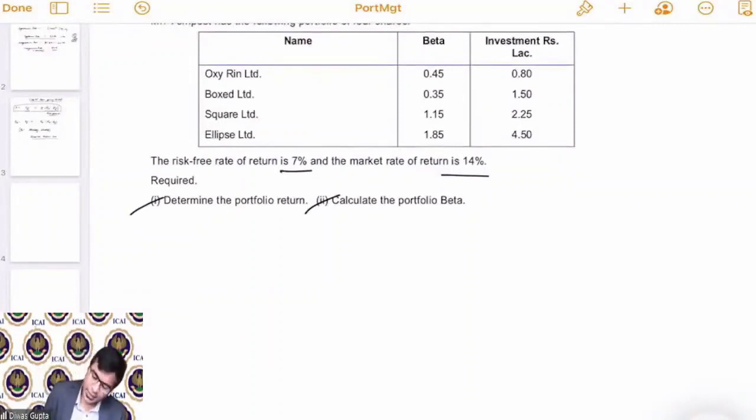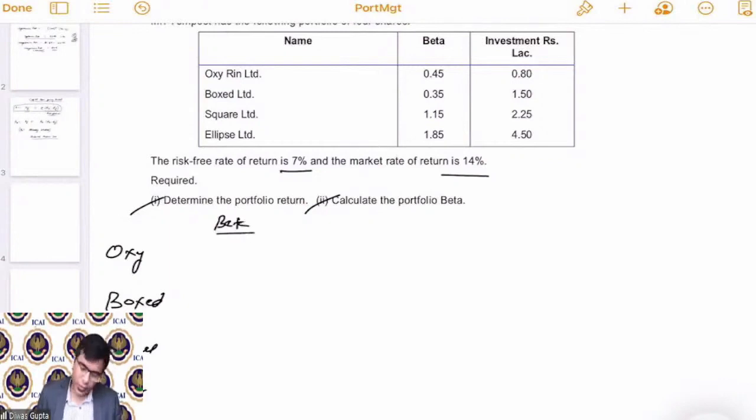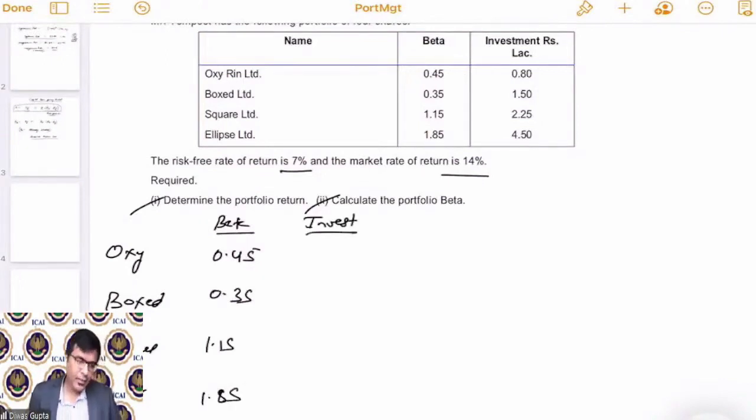So first of all, calculating the portfolio return. I'm just mentioning all the companies' names: Boxed, Square, Ellipse. First, we'll put the betas that are given in the question: 0.45, 0.35, 1.15, and 1.85. What is the investment? 0.80, 1.50, 2.25, 4.50.